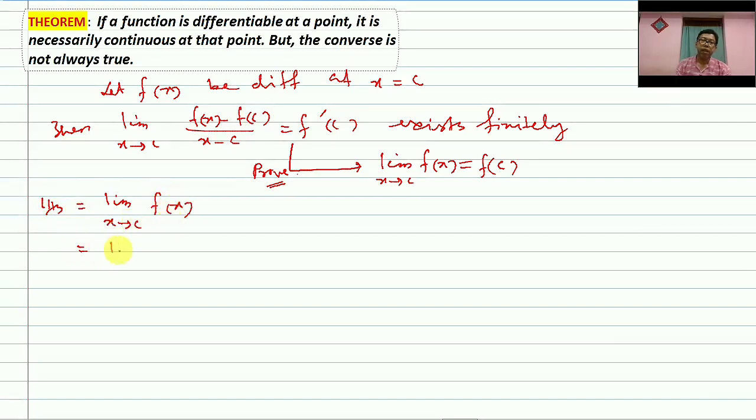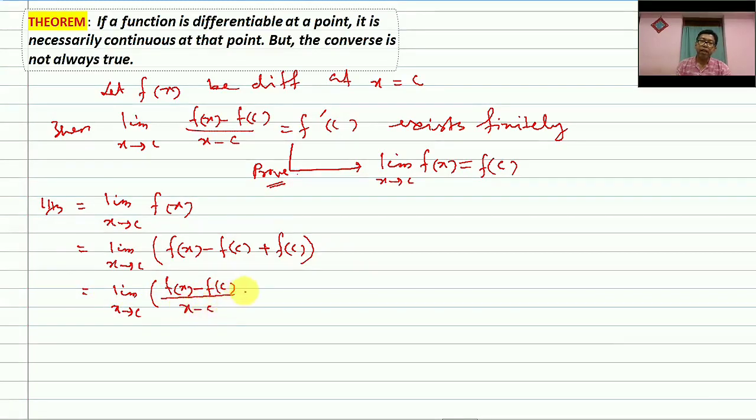Now can you write it as the limit as x tends to c of f(x) minus f(c)? You just introduce this, minus f(c) plus f(c), such that the resultant is the same. Next, the limit as x tends to c of f(x) minus f(c), you divide this by x minus c and again multiply by x minus c, plus f(c) as usual.